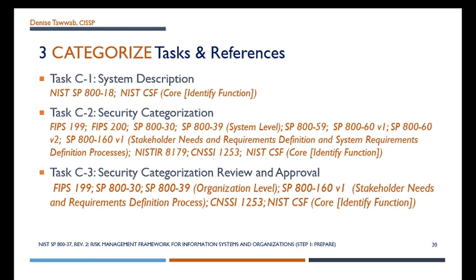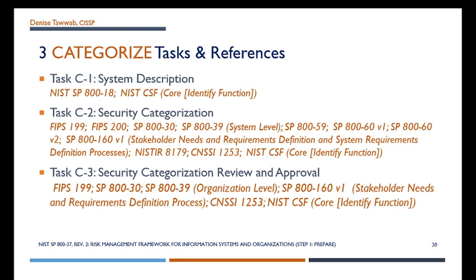For task C2, security categorization, there are a bunch of documents. I want to point out FIPS 199, which tells you how it's done. 800-30, your risk assessment. 800-39 is the risk management process. And Special Publication 800-60, volumes 1 and 2 will tell you how to categorize your data and different data types.